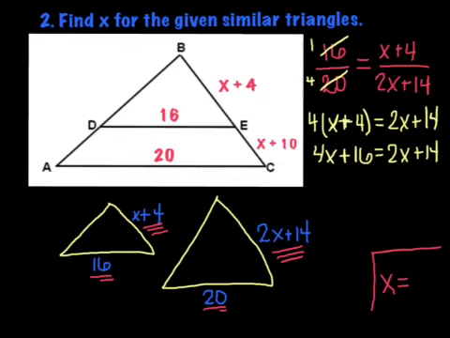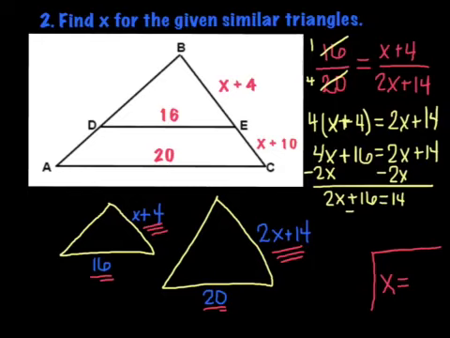Okay, let's get our variables to one side. So I'm going to go ahead and subtract 2x. So 2x plus 16 equals 14. Subtract 16 on both sides, and we get 2x equals -2, which means when we divide by 2, we get x equals -1.